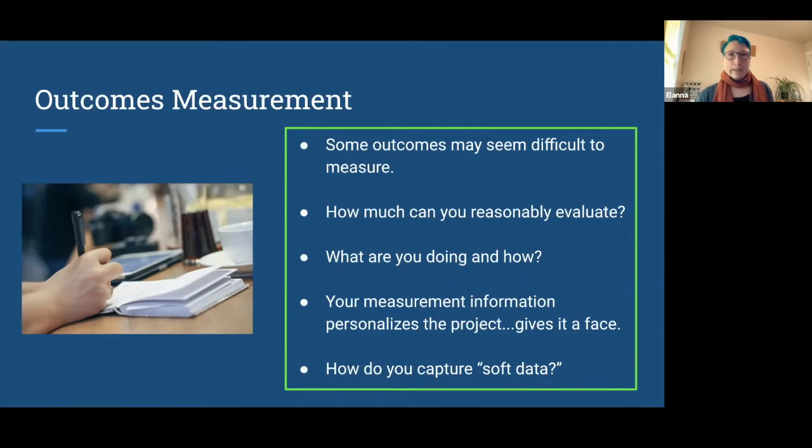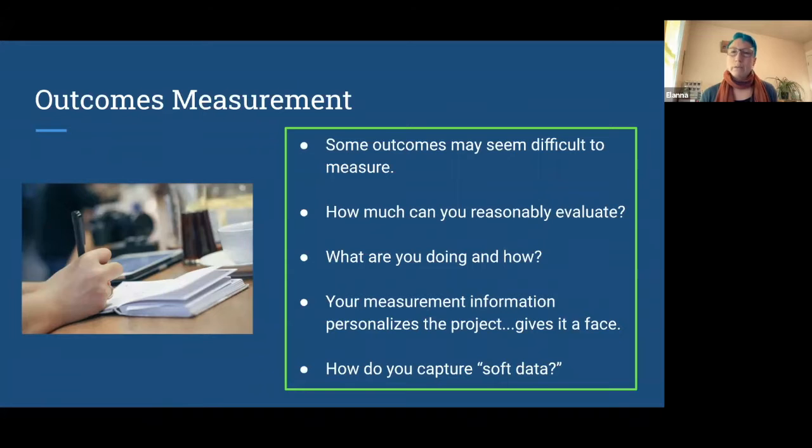Qualitative is when you're using anecdotal information or using quotes and using descriptions of an experience that someone has had to augment the data and the numbers.